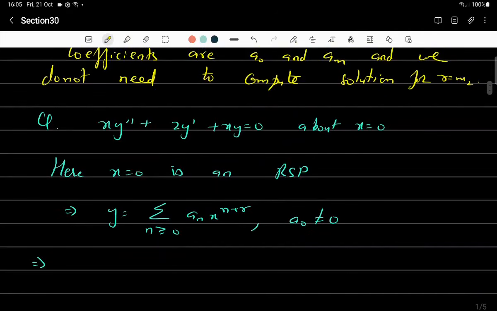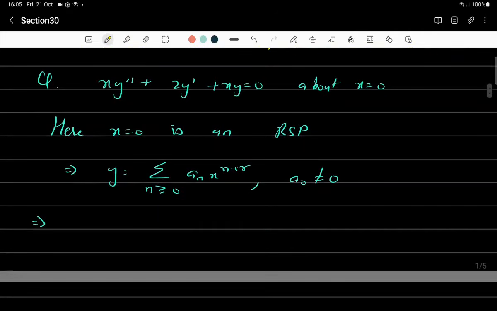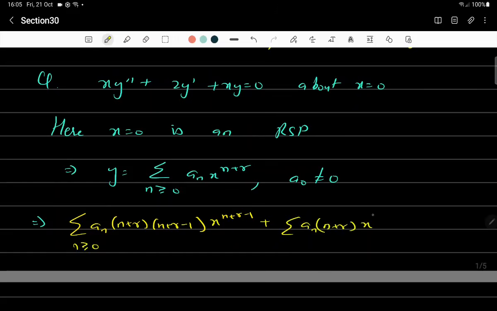Now if I substitute the value of y, then it would be summation a n, n plus r, n plus r minus 1, x raised to the power n plus r minus 2, but multiplied by x, so that's why; plus 2 a n, n plus r, x raised to the power n plus r minus 1; plus, the last one is x y, so a n x raised to the power n plus r plus 1, is equal to 0.